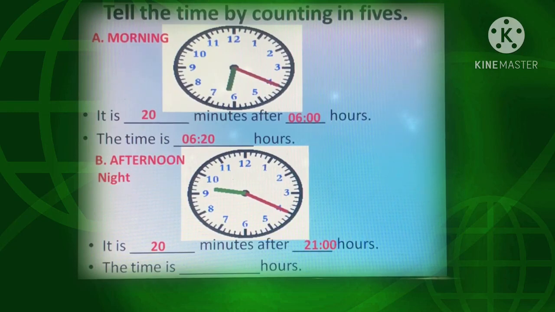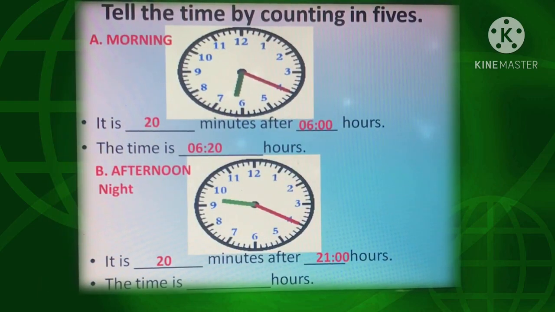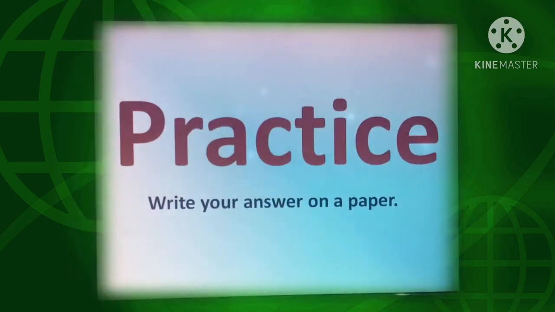So the time is 21 hours. Is it? Is it 21 hours? The answer is wrong. So what should it be? It is 21:20 hours. Very good.